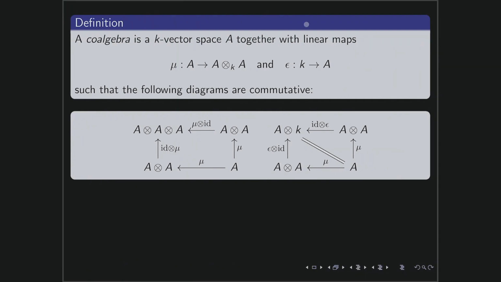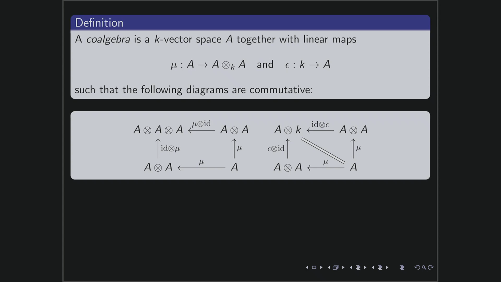So what I'm getting is that I require these diagrams to be commutative. And the first diagram is called the co-associativity axiom, and the second one is the co-unit. And now it's clear why I wanted to write these as a commutative diagram and not as a formula, because now it's not so easy to write this down as a formula just because of the tensor product.